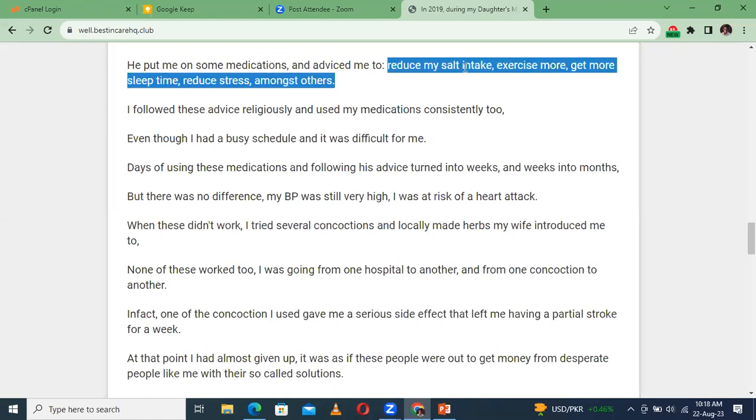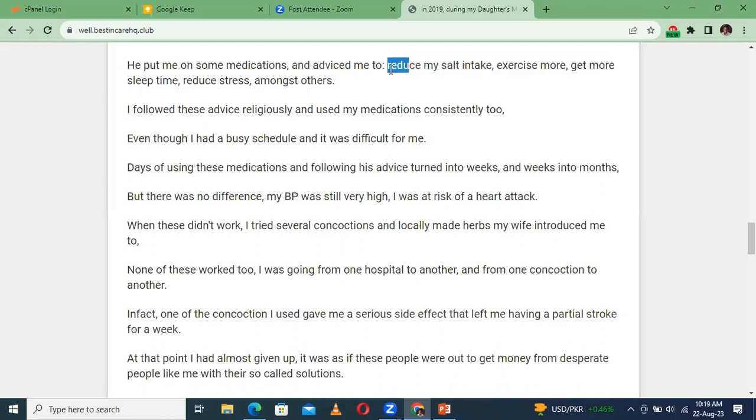They also tell them to exercise more, just do mild exercises. Then they tell them to sleep better, reduce your stress too. I followed this advice religiously and used my medications consistently too, even though I had a busy schedule and it was difficult for me.